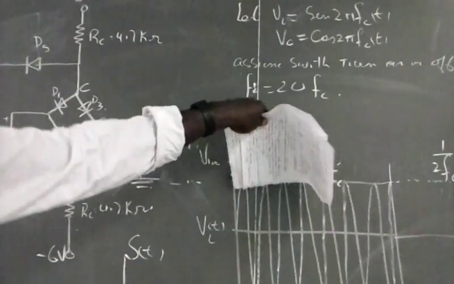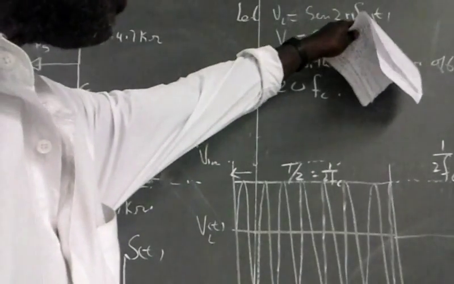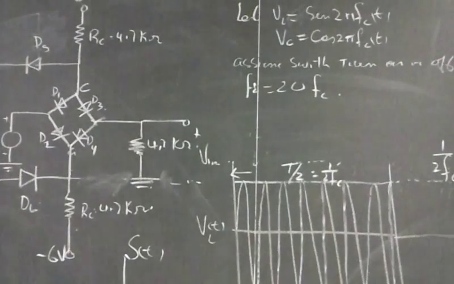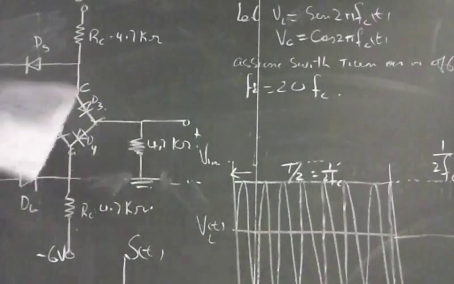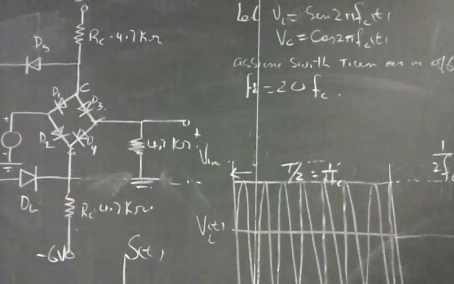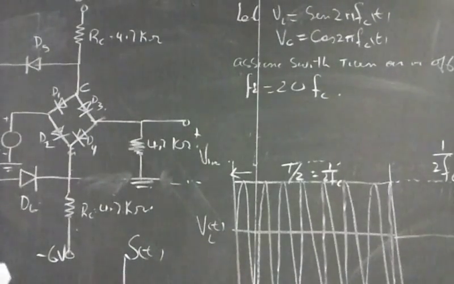Now to demonstrate the multiplying effect, we choose Fi equals 20 Fc, and we let Vi equal sine 2 pi Fc of t and Vc equal cos 2 pi Fc. And this is the 6-diode switch, which is the same diagram for the 6-diode multiplier.